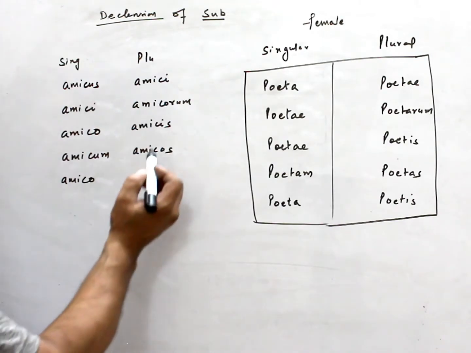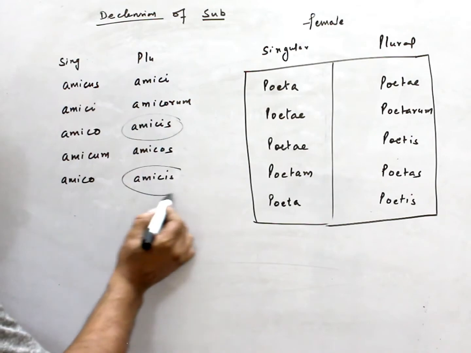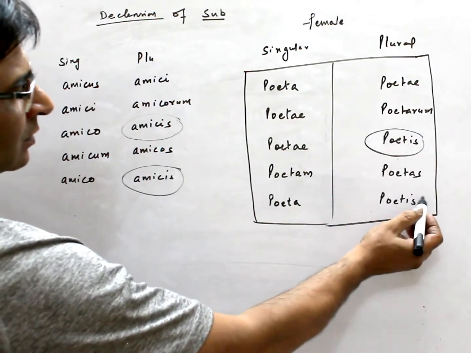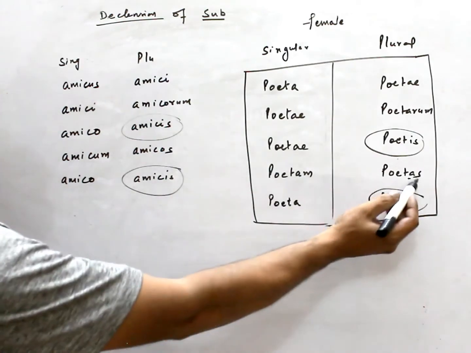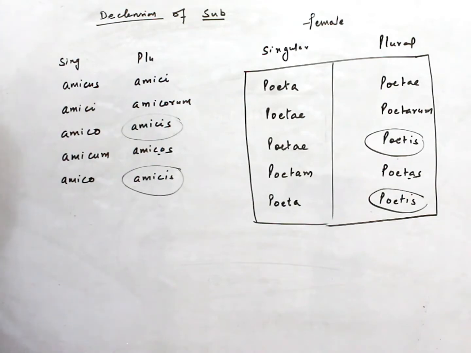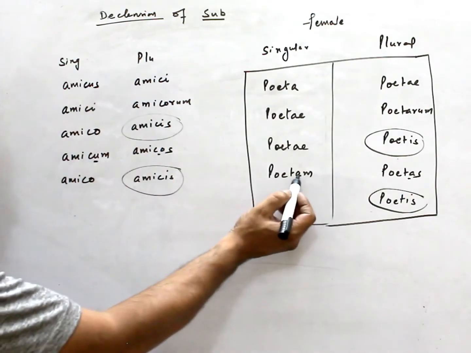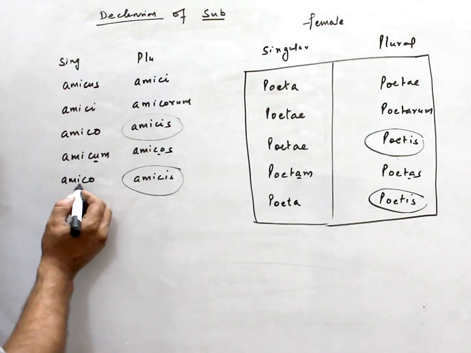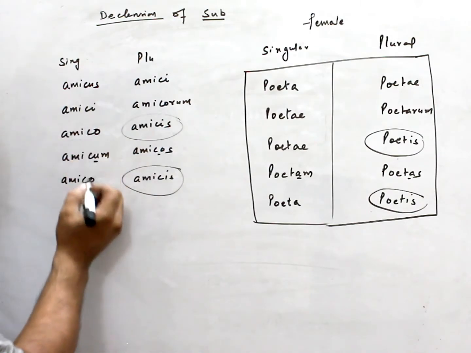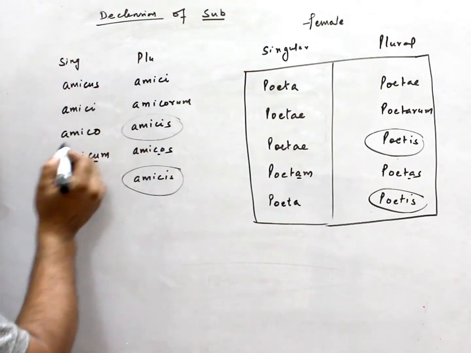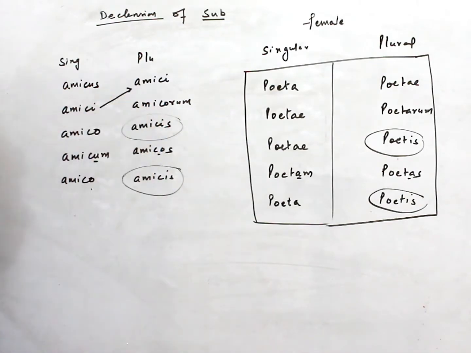So you notice this part in plural case is the same, and just A changed to O, and here US changed with A, and this is the same pattern. So these two standards you have to remember, or you remember the endings.